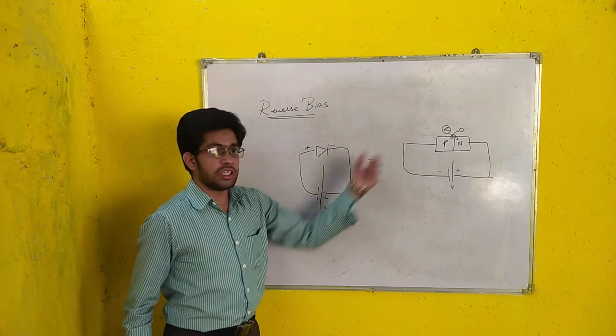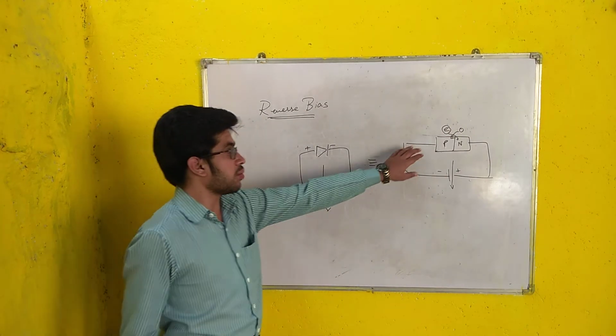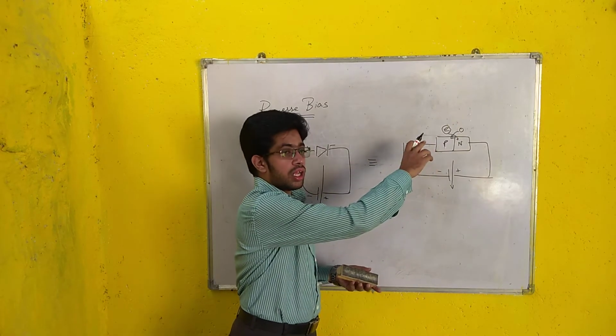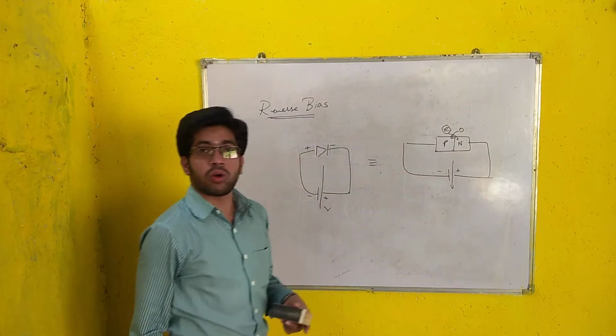and again electron hole pair combination will start, and a current will be generated. Since the electron hole pair is due to minority carriers, the current will be smaller.